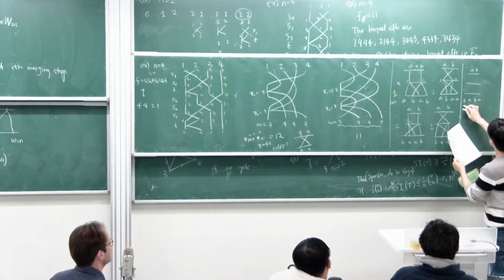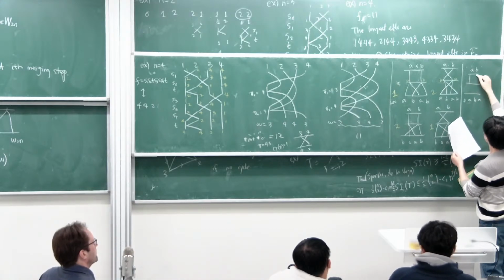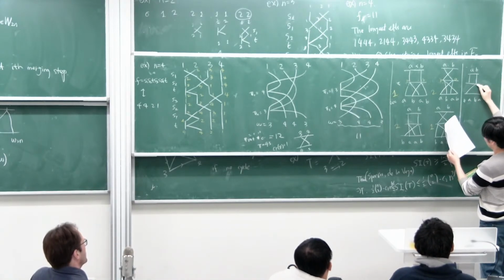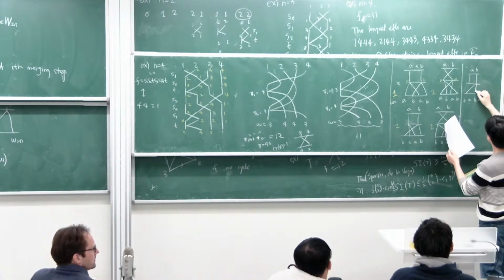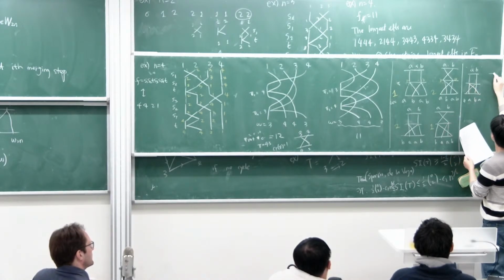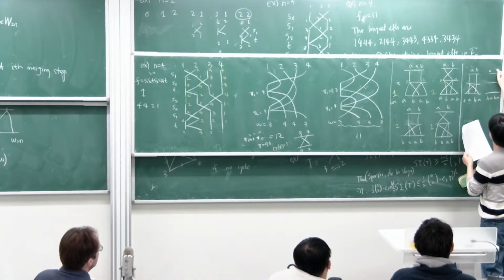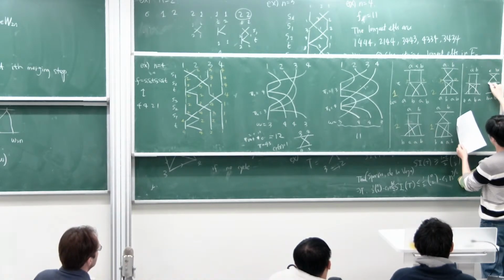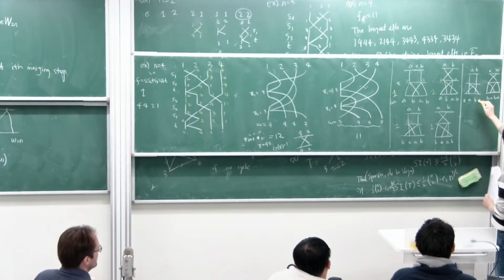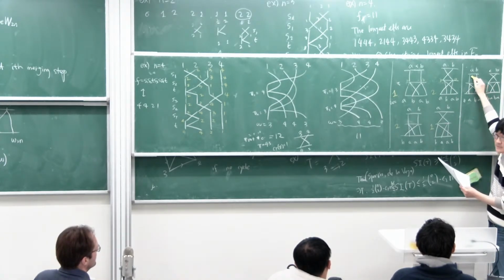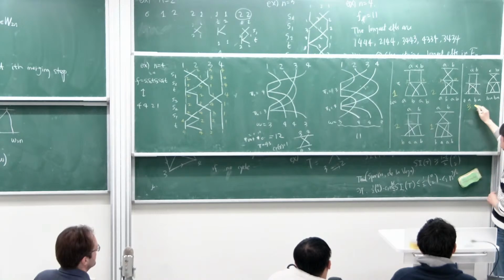If you look at this case, then if you connect like this, then BA, BA, AB. So let's compute. 1, 2, 3. 3 minus 0, so it's a 3. 1 minus 1 is a 0.